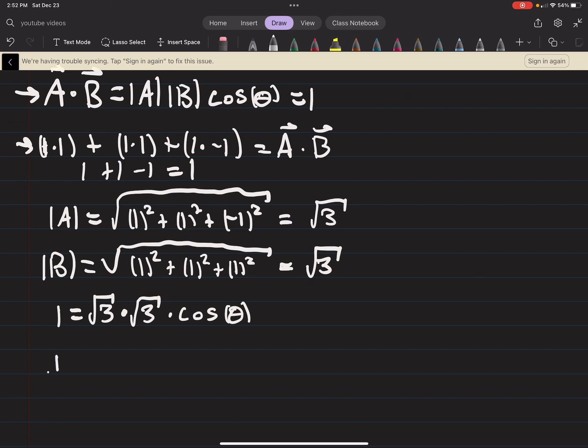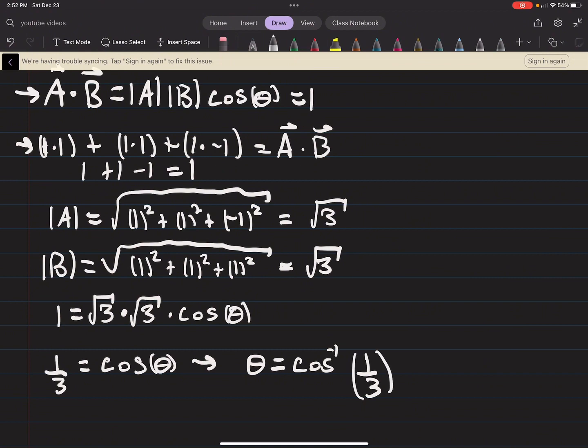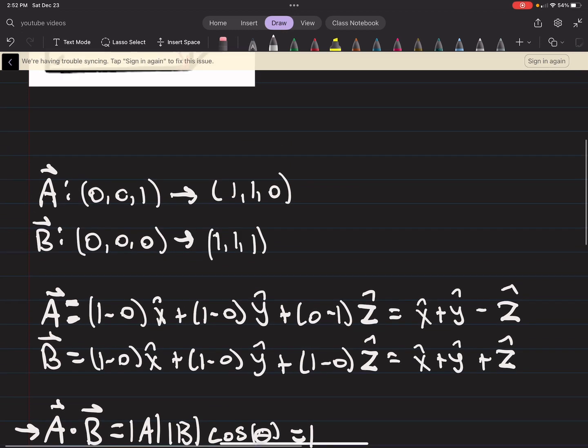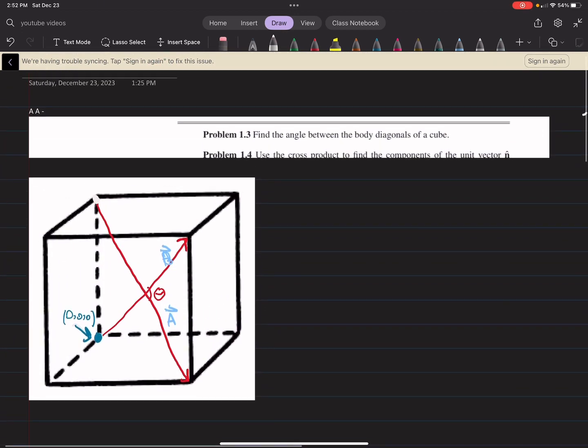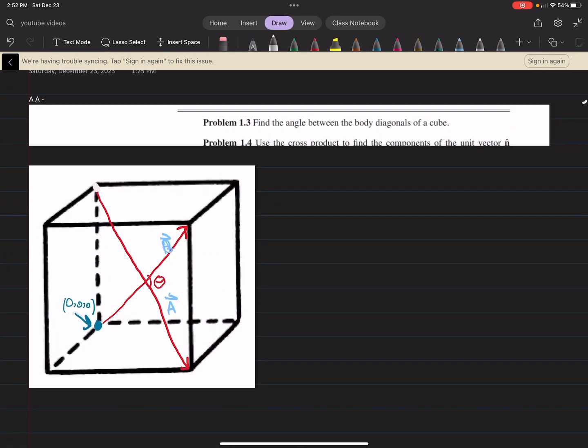So moving that over, we have 1/3 equals cosine theta, or alternatively, theta is cosine inverse of 1/3. Which, if you plug that into a calculator, is about 70.53 degrees.